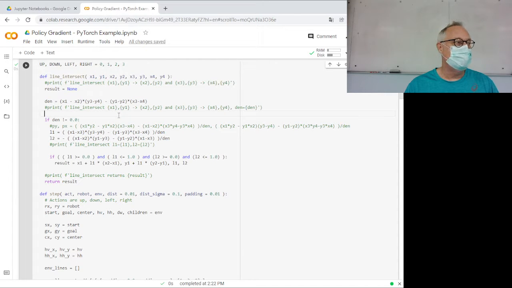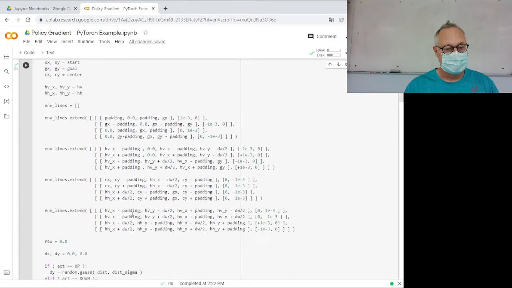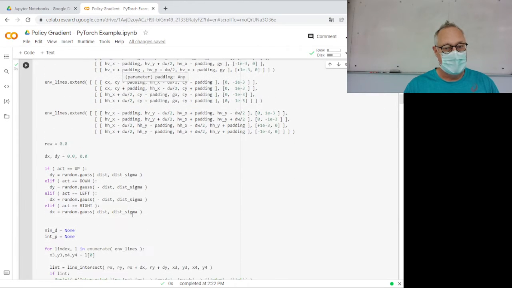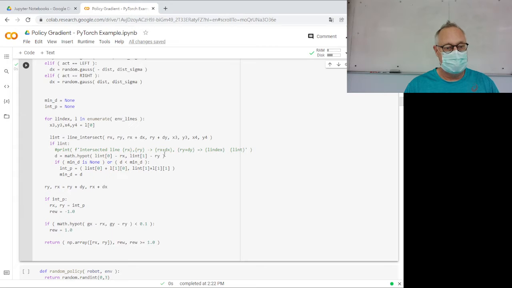That basically means that you need to solve a system of linear equations in order to identify if there is an intersection between those 2 lines or not. And I extend the lines to add some extra padding to detect if the robot is close to the wall or not.